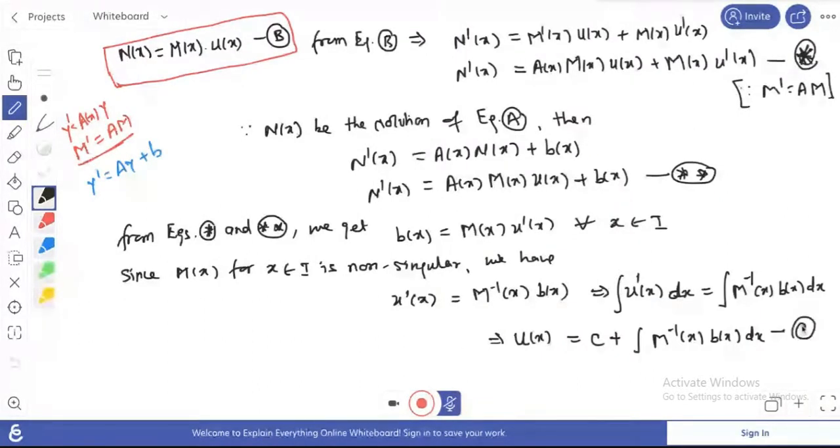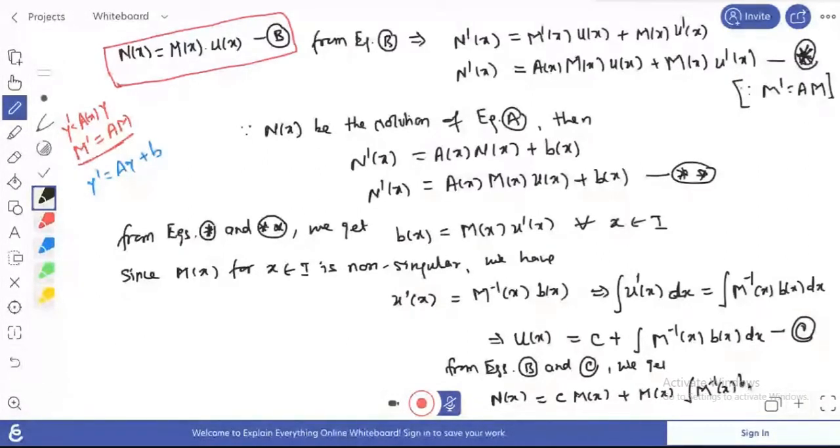So if we call this equation number c, then from equations b and c we get the general solution. The general solution is, if we multiply by this m(x), x(x) equals m(x) c plus m(x) integral of m inverse(x) b(x) dx.